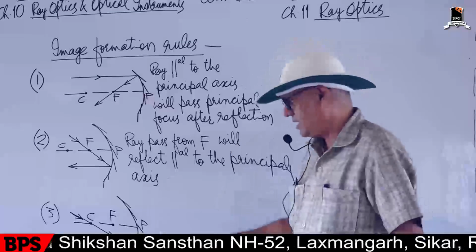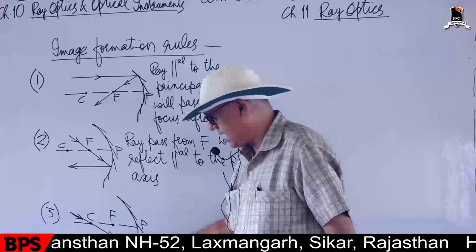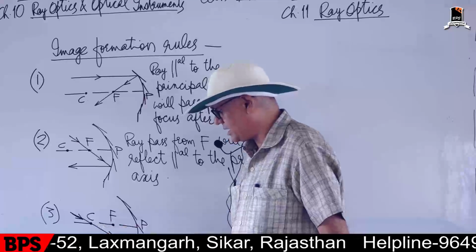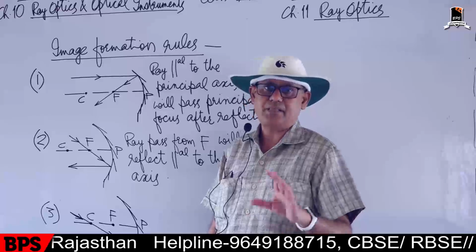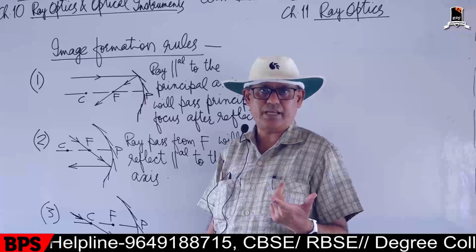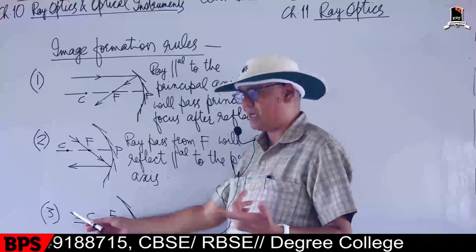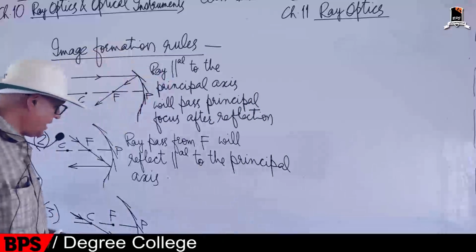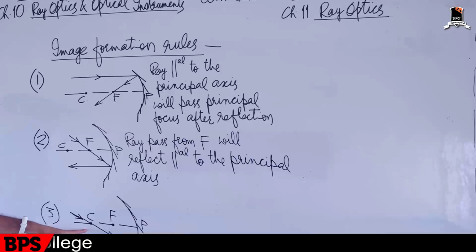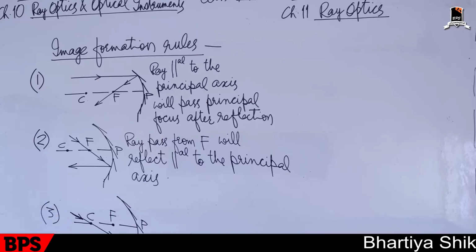And since this incidence direction is normal on the mirror, its incidence angle is 0 degree and the reflection angle will also be 0 degree. Therefore, the reflected ray will also pass through the center of curvature. So, this is the third main ray.